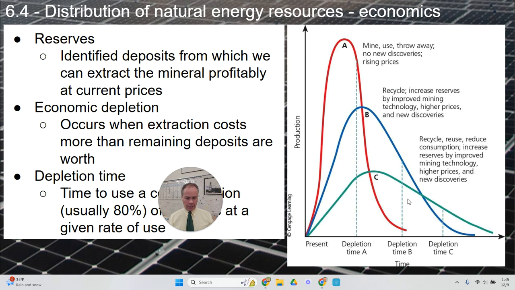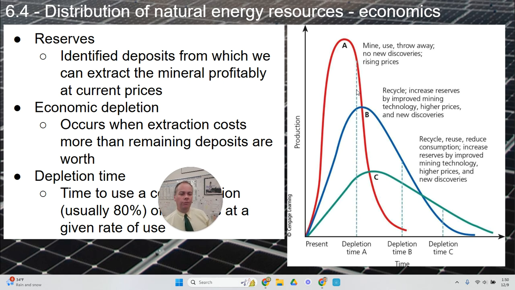And so when we look at these graphs here, what we see is a pattern that typically applies, where this red line represents when a material from the earth is abundant. Okay, it typically is exploited very, very quickly, and we extract much of the material. As the amount starts to decline, what happens is we become more aware, and we start to consider our use of these resources, start to recycle more.